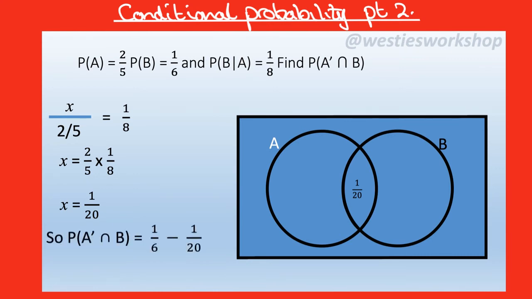So the probability of not A intersection B is 1/6 minus 1/20, which is equal to 7/60.